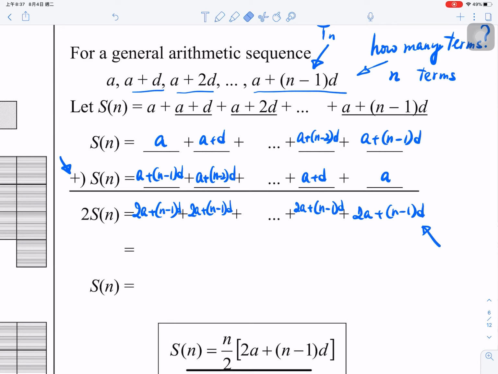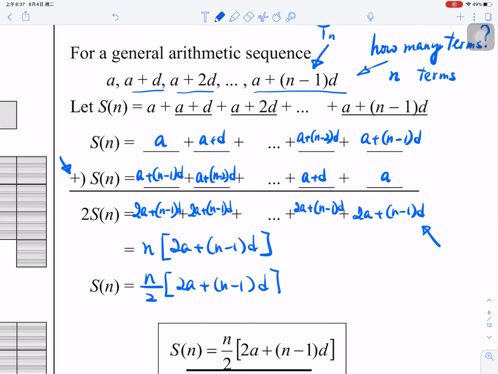Yes, n terms. So n times 2A plus n minus 1 D. As a result, Sn equals n over 2 times 2A plus n minus 1 D.